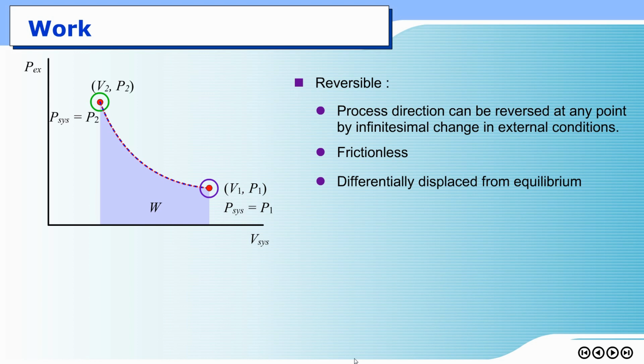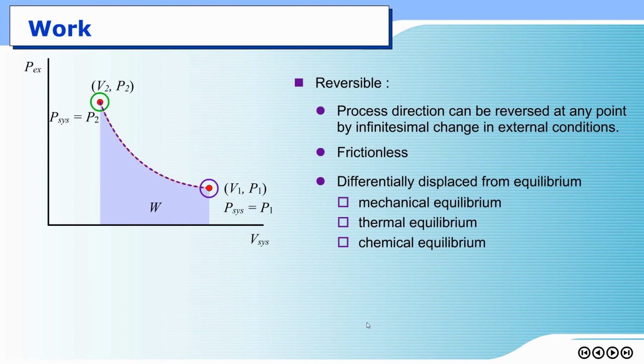The word equilibrium also covers mechanical equilibrium, thermal equilibrium, and chemical equilibrium. All of them must be reached. Then you can retrace the steps backward along the forward path. So if you go from the initial state along this path to here, and then you change your mind to go backward, it must go back along the same path. That would be called a reversible process.